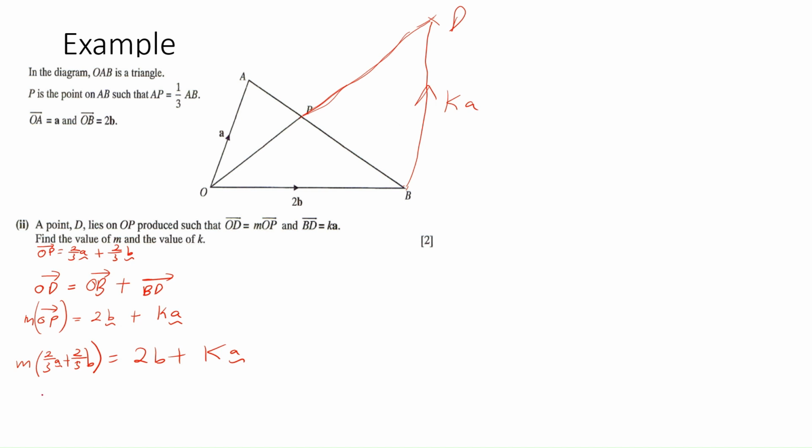Now just multiply in, so it's 2/3 M A, A is a vector, plus 2/3 M B equal to 2B plus KA.